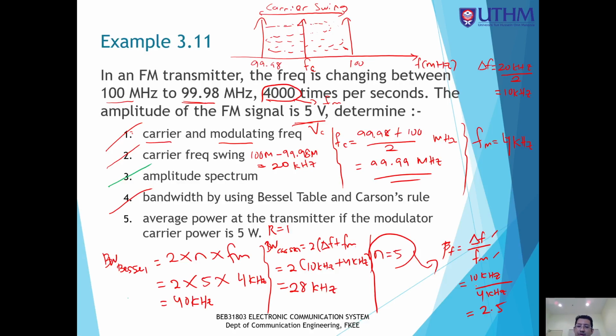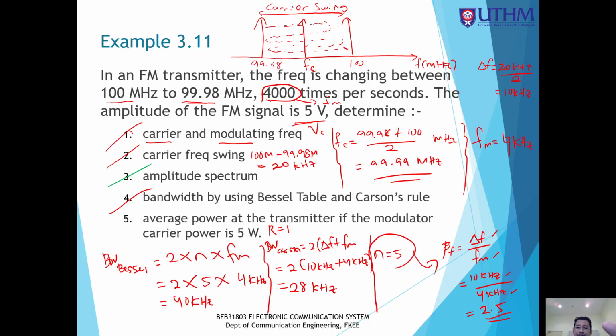Delta F is the carrier swing divided by 2. So 20k divided by 2 gives 10 kilohertz. 10 kilohertz divided by 4 kilohertz gives 2.5, which is the modulation index.